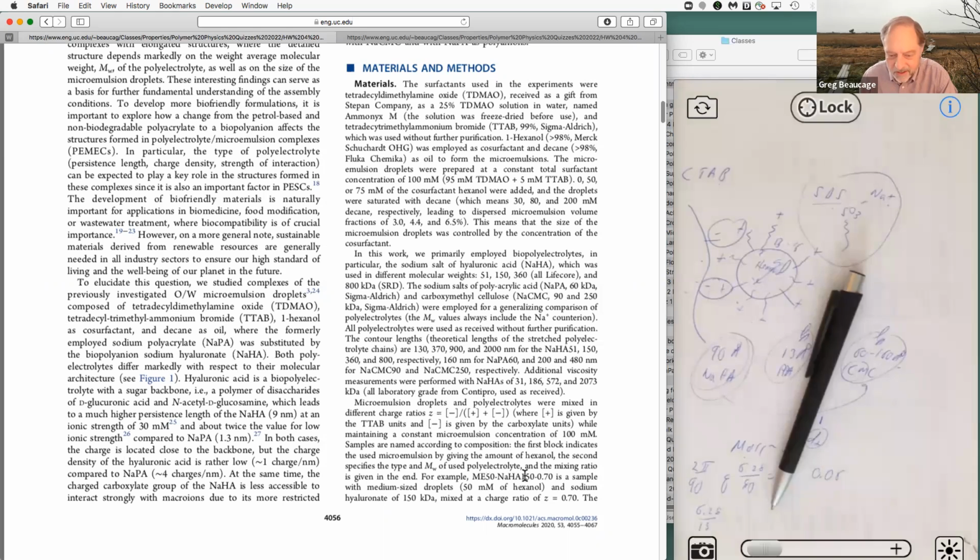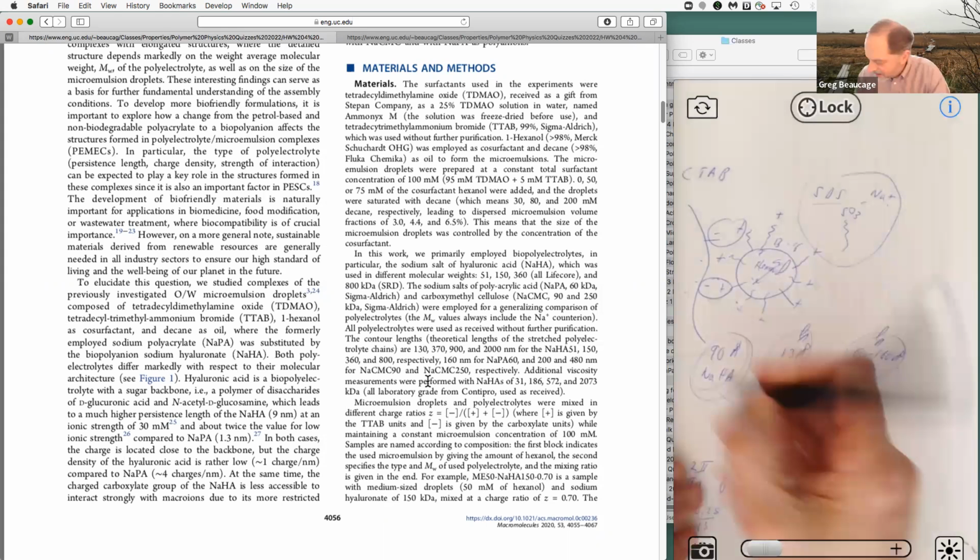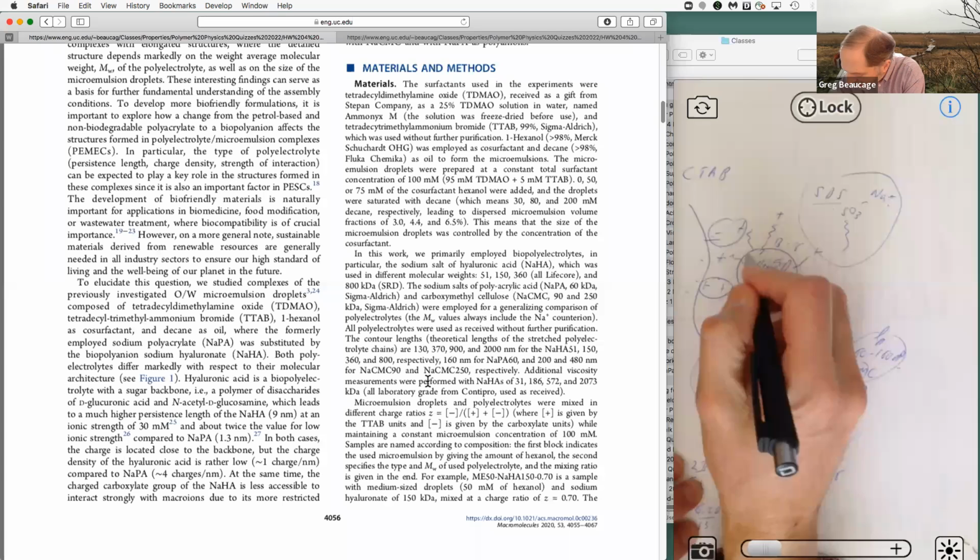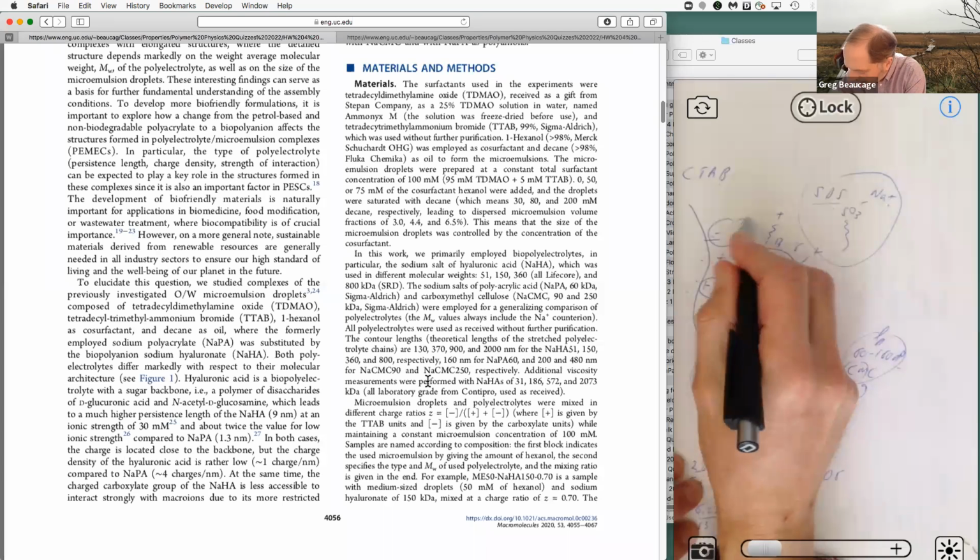And then this is the molecular weight of the sodium hyaluronate, right? 150,000 grams per mole, 150 kilodalton. And then the 0.7 is this charge ratio. So the anions have negative charges, and then the surfactants have 1 plus charge for each surfactant molecule.